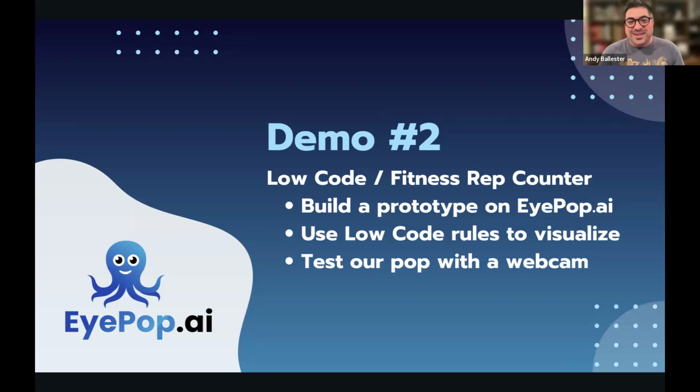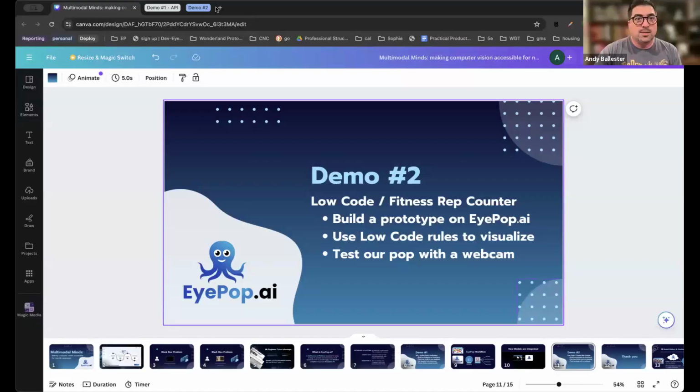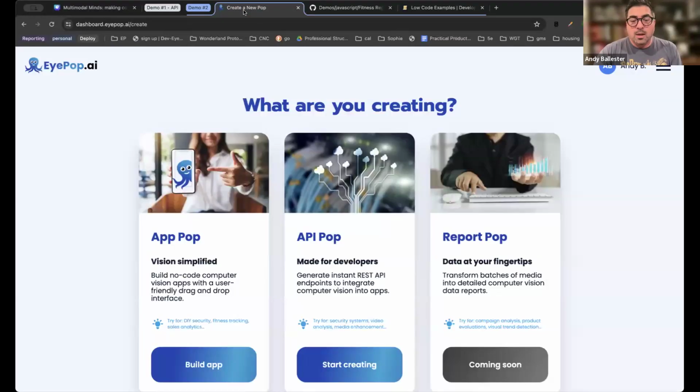My home setup has a little tight spacing here, so we're going to do our best to get me in frame. But we're going to go back into EyePop. And this is the last switch over, so that's good.